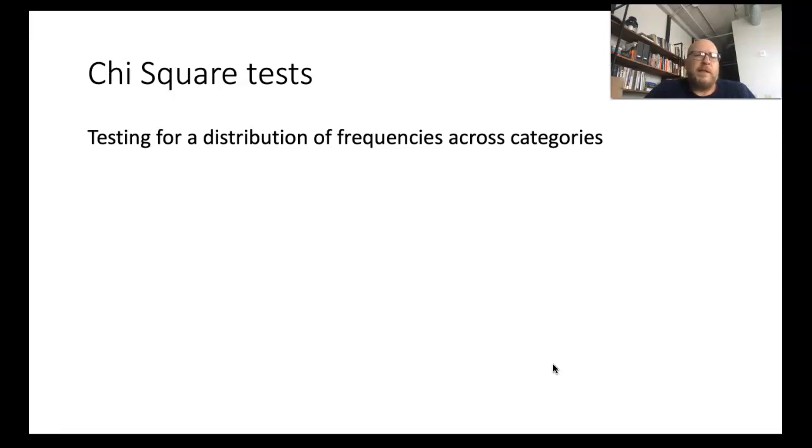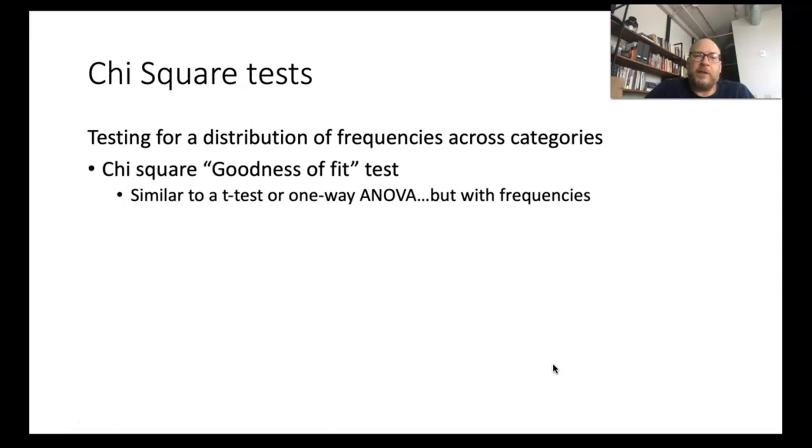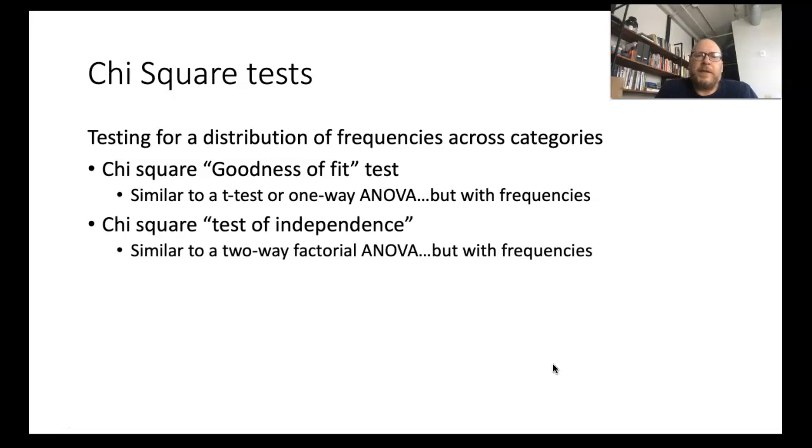In both cases we're testing for a distribution of frequencies across categories. This first one is going to be called a goodness of fit test, meaning it tests whether your categories are distributed like you expect them to be. It's kind of like one-way ANOVA. The other is called a test of independence.